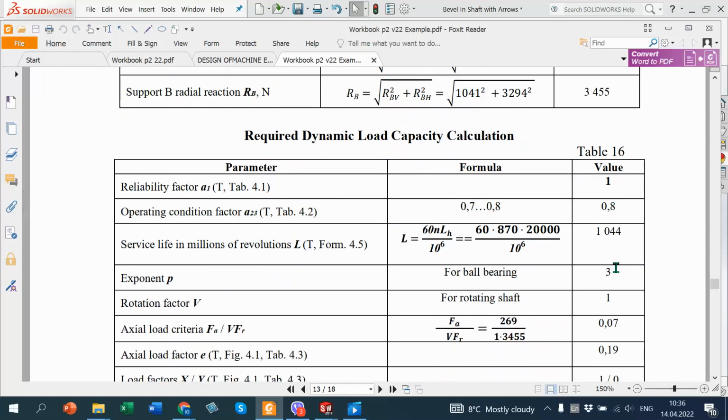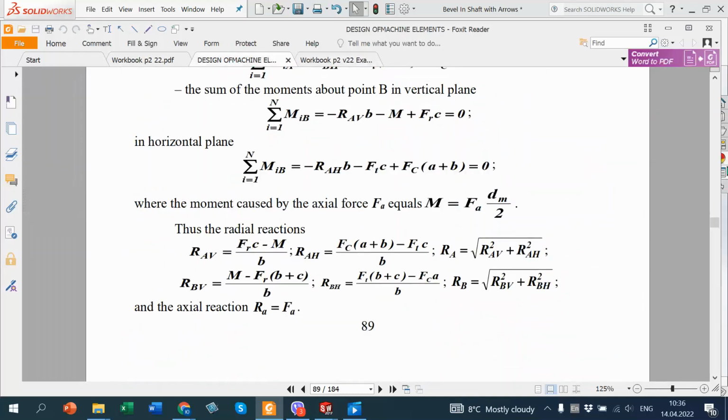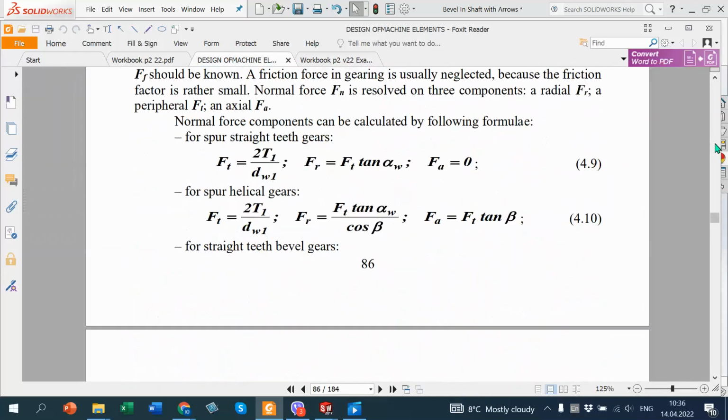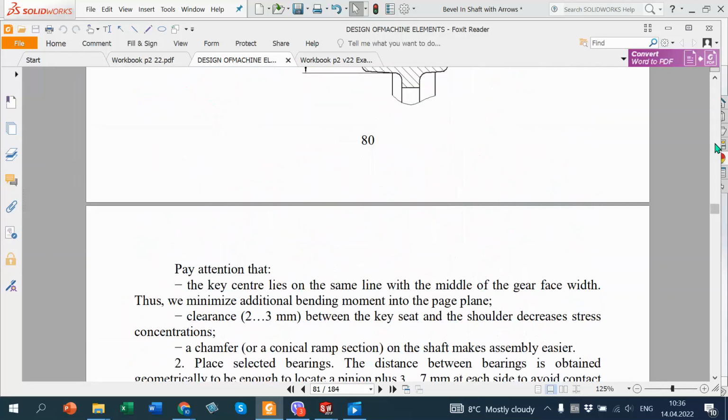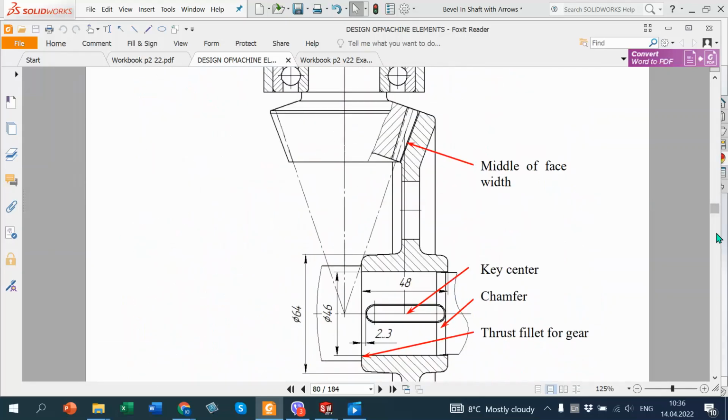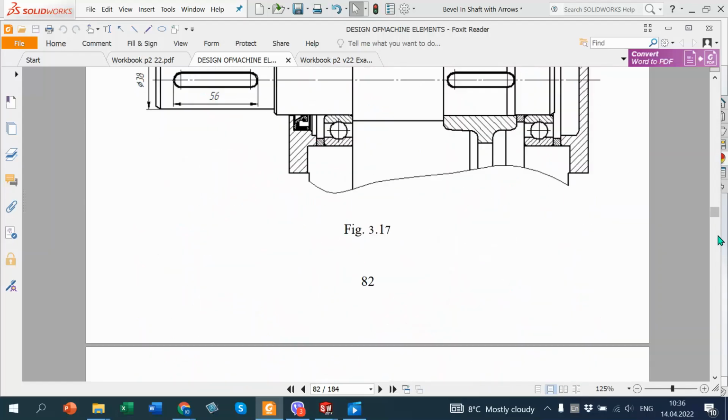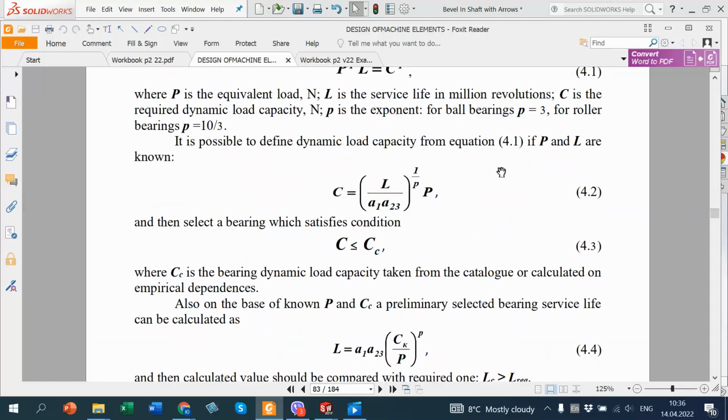So how to find it? Formula to calculate load capacity is here, and strength condition looks like here.